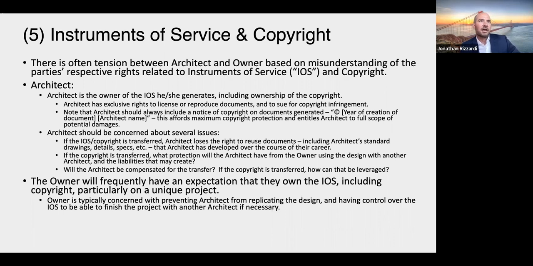For the architect, if you're looking at a copyright provision in a contract that an owner has sent you, or if you're evaluating how you want your copyright provision to look, I think your primary concern has to be, if the instruments of service or copyright is transferred, if that's something the owner demands of me to get the project, which is a business decision that I totally understand.